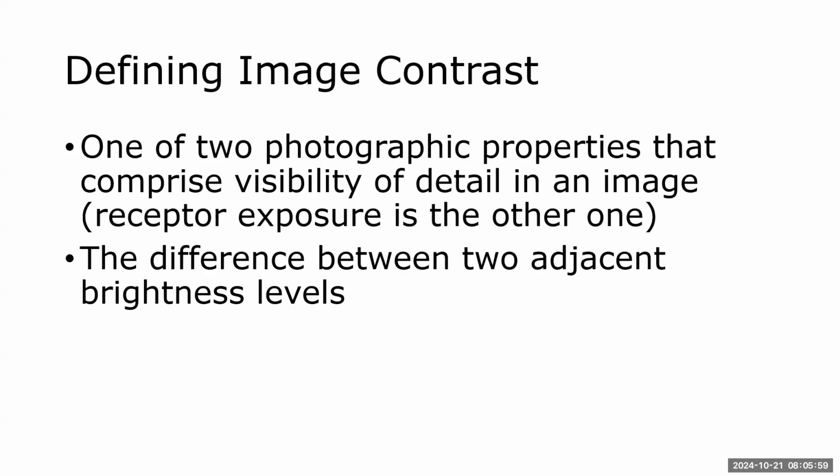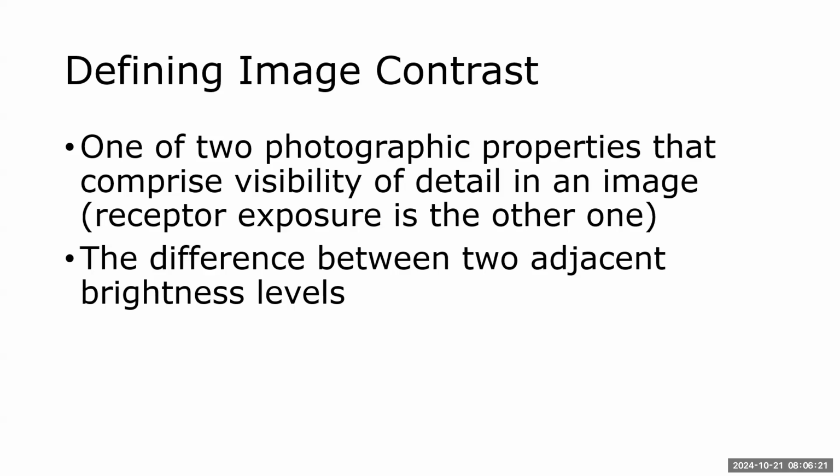And so some of this comes from when we were on film, and we would talk about it that way, but we can still use those terms appropriately even with digital imaging. So the difference between 2 adjacent brightness levels is what we are using to define contrast.